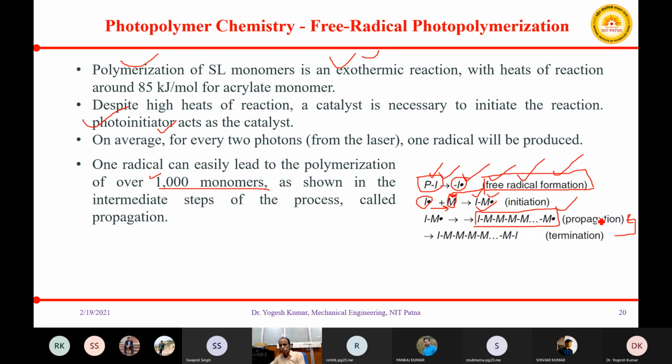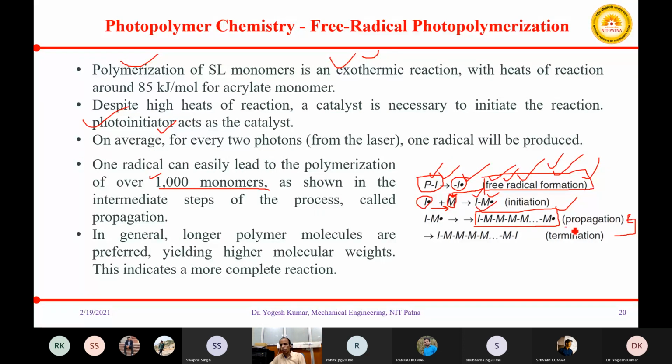Okay, so as soon as you stop your UV laser, what will happen? Your propagation will stop after a certain time, because there will be no free radical formation, since there is no laser or UV supply.